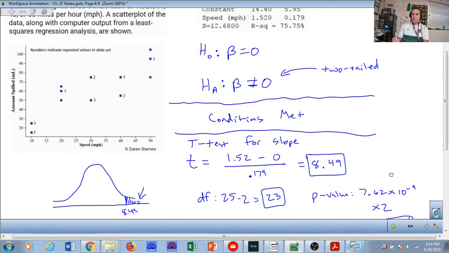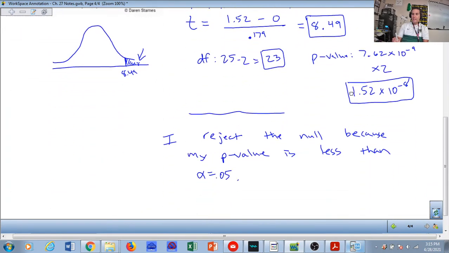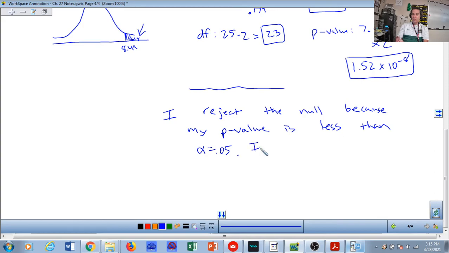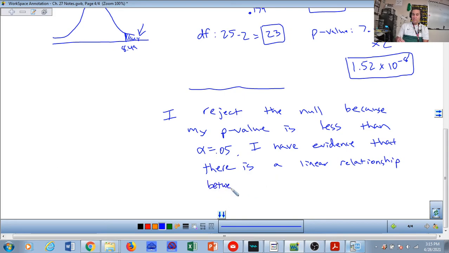And then that means, did they tell us 0.05? Yeah. That means that we have evidence that there is a linear relationship, context, I haven't put any context in yet, between driving speed and how much water spills.